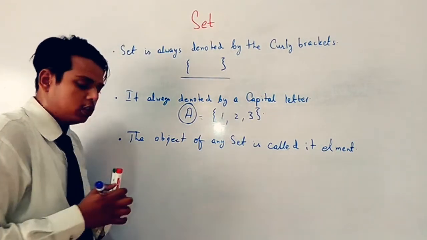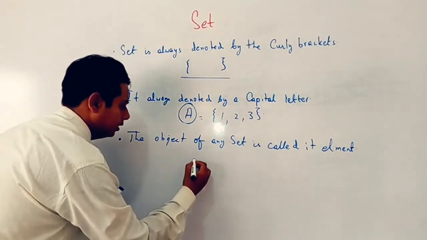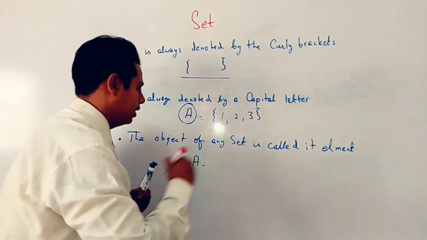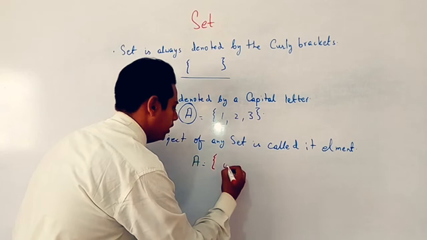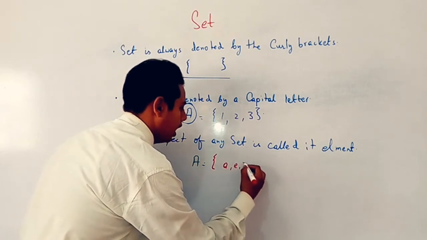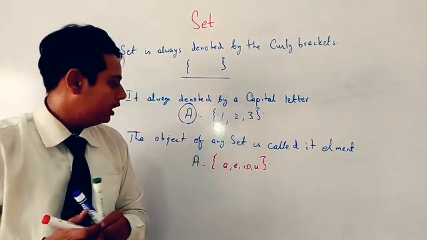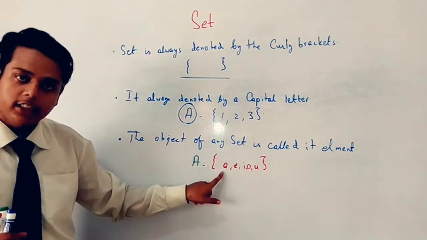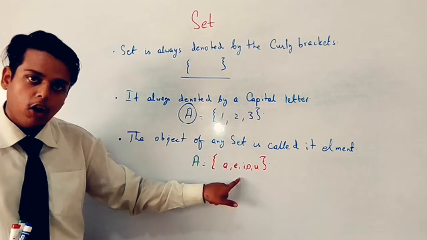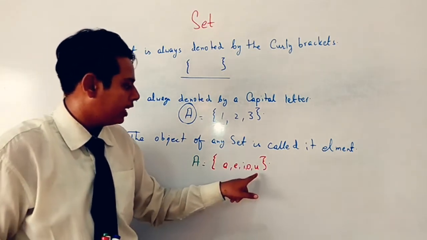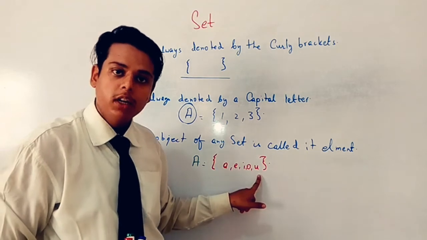Let's suppose a set A is there in which some alphabets are there, that is A, E, I, O and U. All these are objects: A is an object, E is an object, I is an object, O is an object and U is an object.